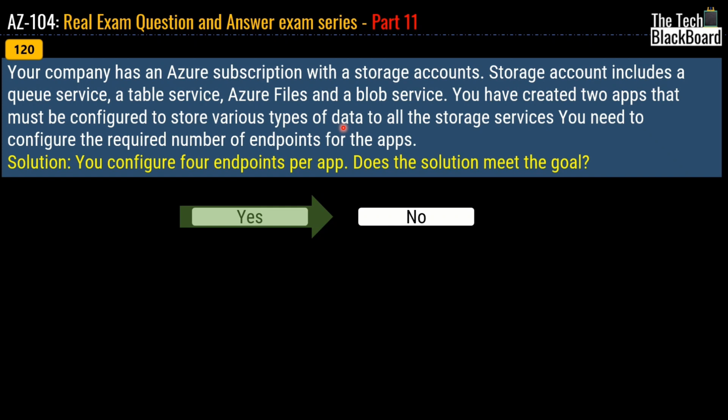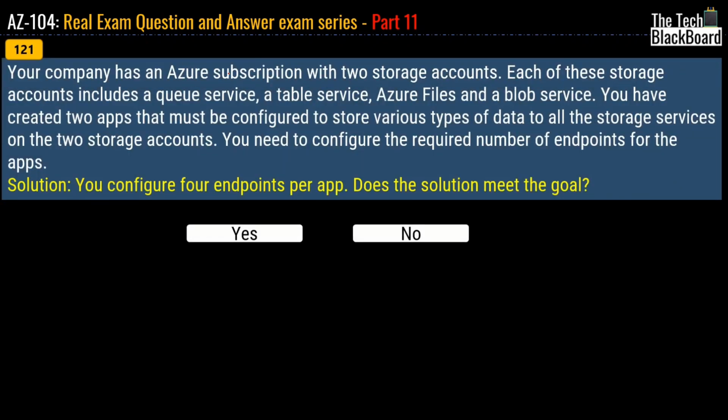So this is our question number 121, exactly the same as question number 120, except for a small change. In this question, now we have two storage accounts instead of one storage account that we saw in question number 120. Besides that, the answer is also the same. Here also it says that you configure 4 endpoints per app. So now does this meet the goal?